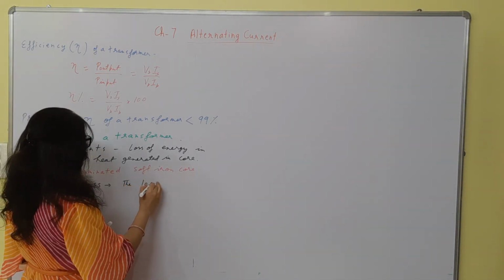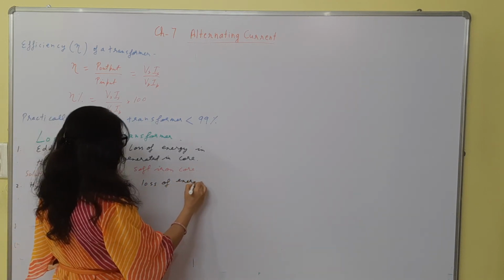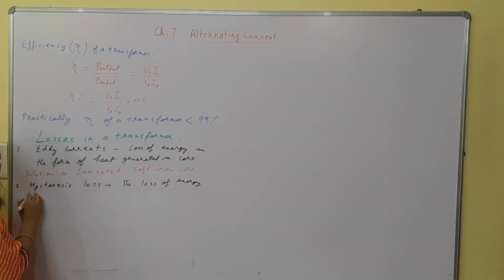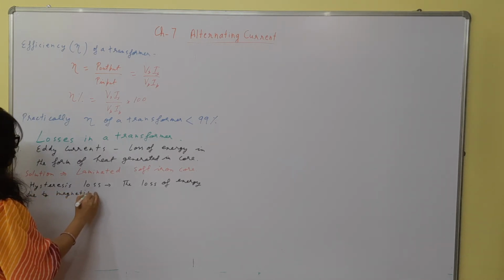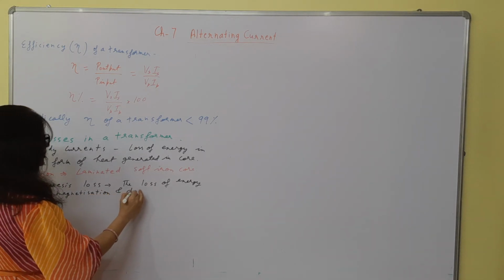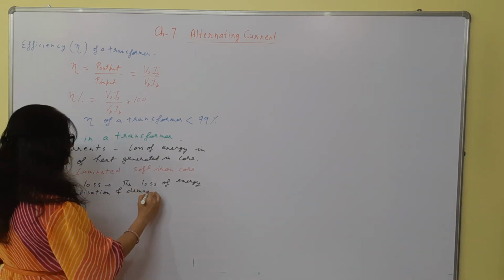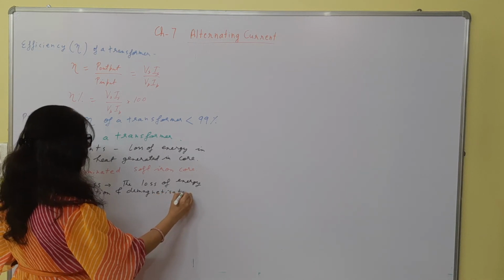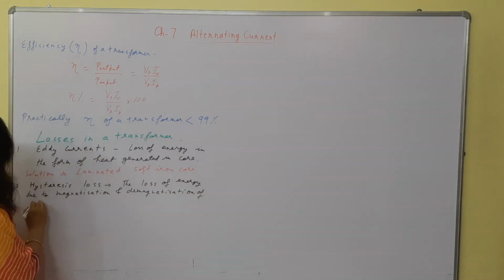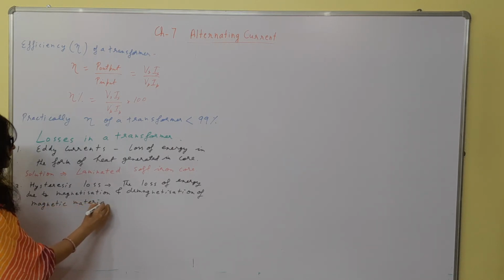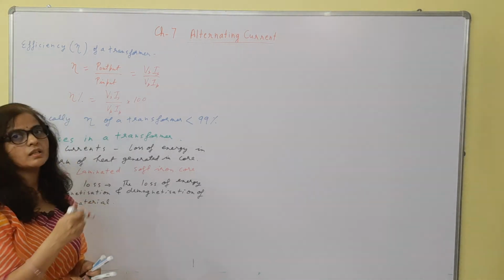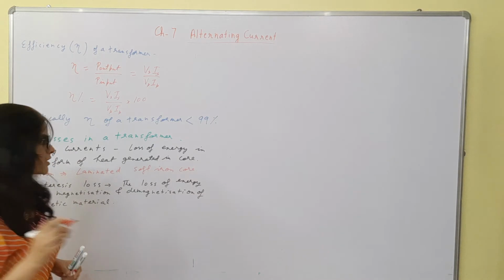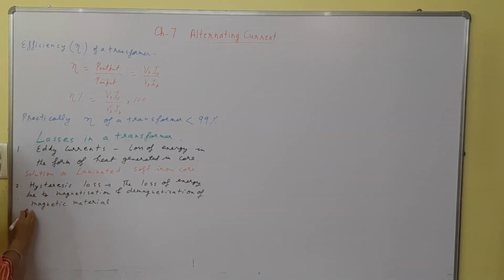The loss of energy due to magnetization and demagnetization of magnetic material. Now this can be minimized by taking a material whose hysteresis loss is less, and soft iron is such material.